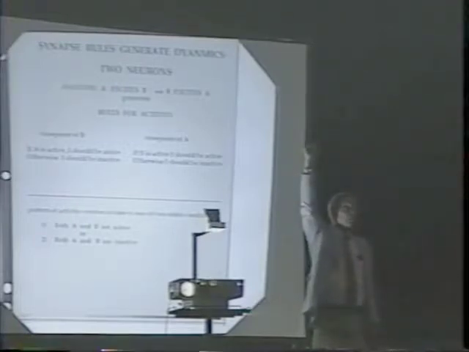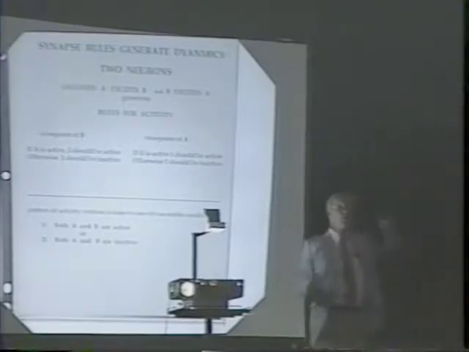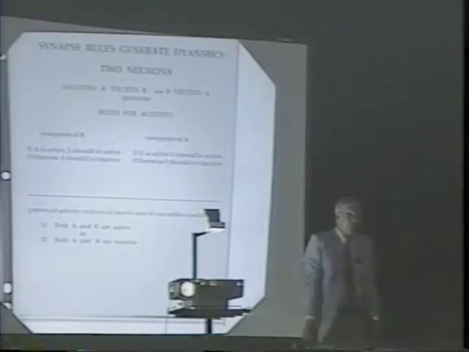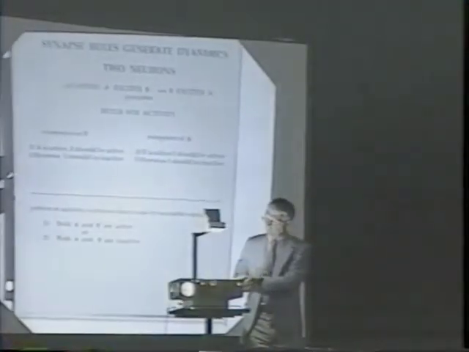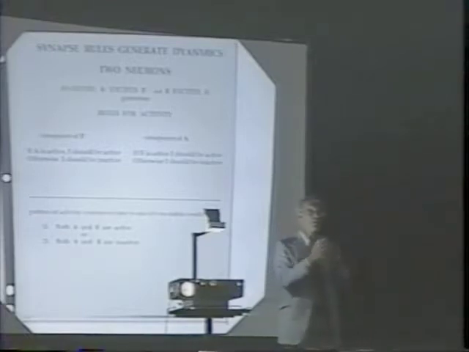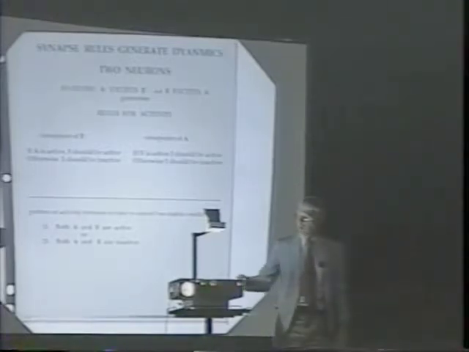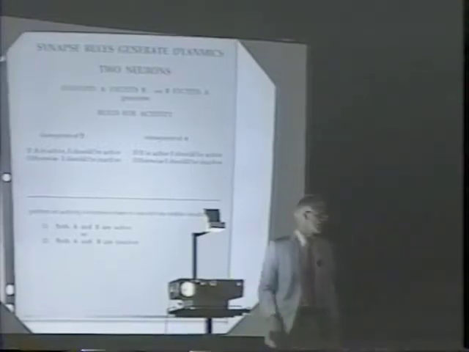B could have looked first and said, oh, I should be active. And then A looks over and says, I should be active. But in either case, if I start like this or like this, I will after a while end up like that or like this, just by following these very elementary rules. And so there are only 2 patterns of activity which this system will result in after a while. No matter how you start it, either both will be active or neither will be active.